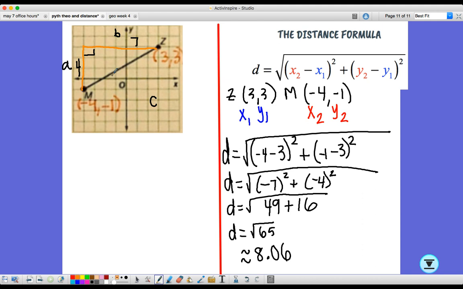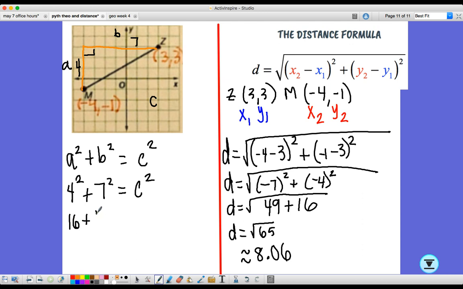Those numbers look familiar. So I can plug it into A squared plus B squared equals C squared, where A is 4 squared, B is 7 squared, and I want to find the distance, also how long my hypotenuse is, which is C squared. 4 squared is 16, 7 squared is 49, and when I add them together, I get 65.